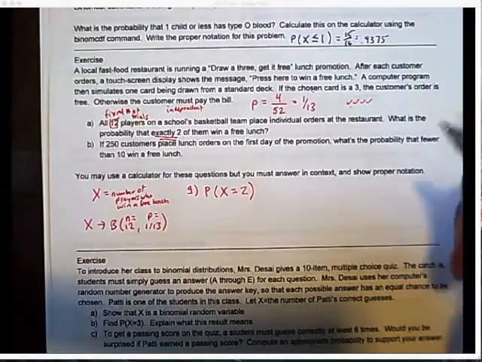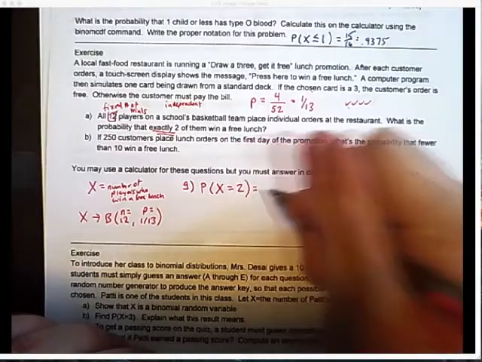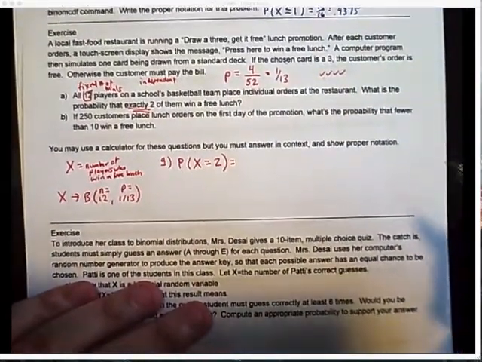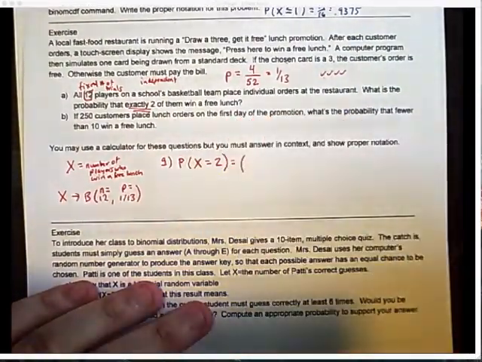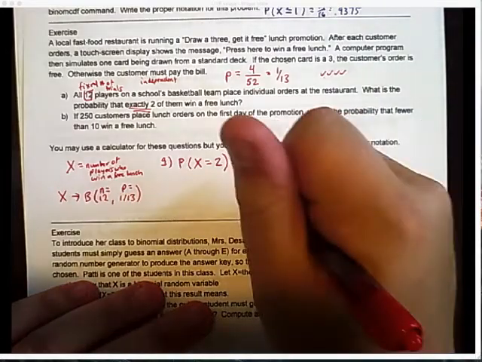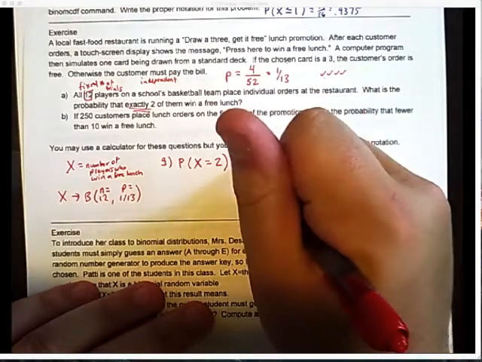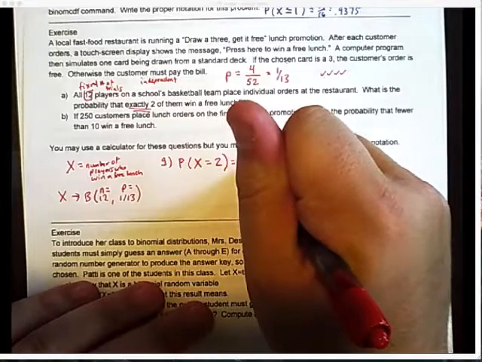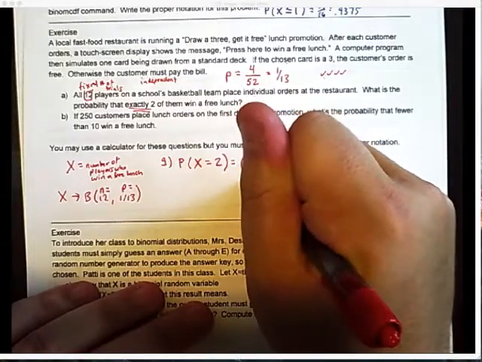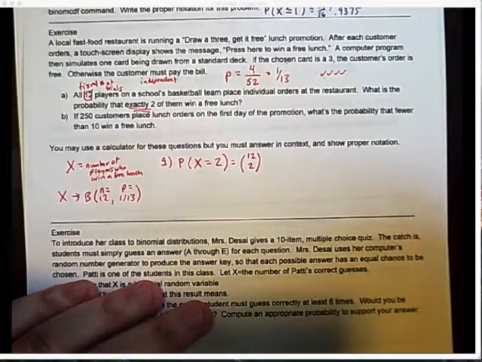So let me show you the formula way, and then I'll show you the easy calculator way. All right. So what we would have to do is, if we use the combinations method, we have 12 players. How many ways can we get 2 successes out of 12 players?